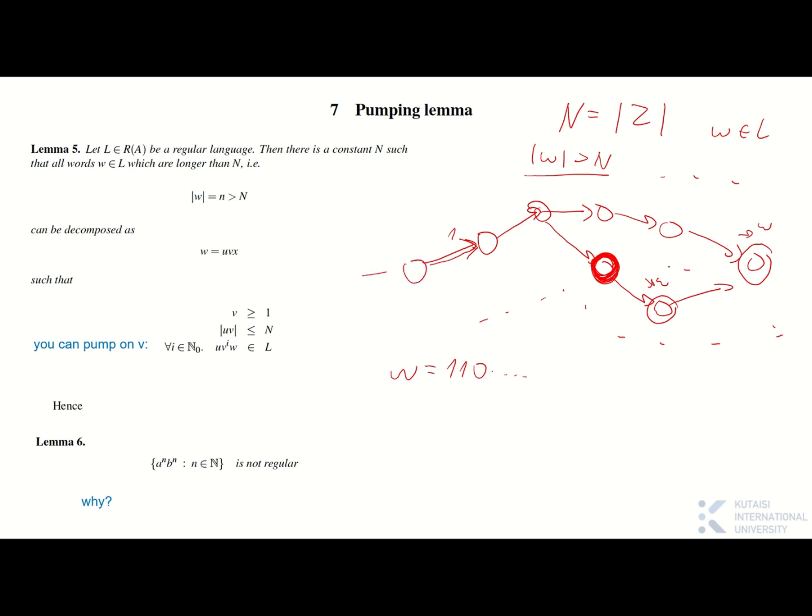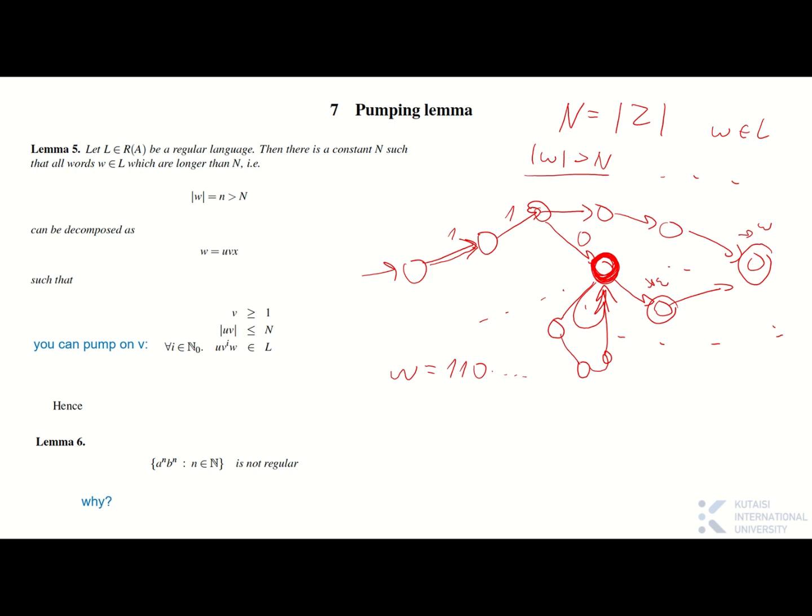So I go 1, 1, 0, and then I continue, and I visit this state again sometime. I don't know, it's a bad notation. So I visited this bold state, then I continued on some path, and I came back to the state again. So this might be a longer path like this here, and it came back.